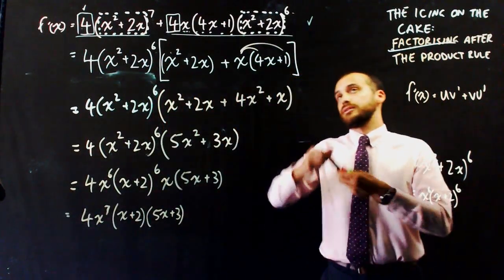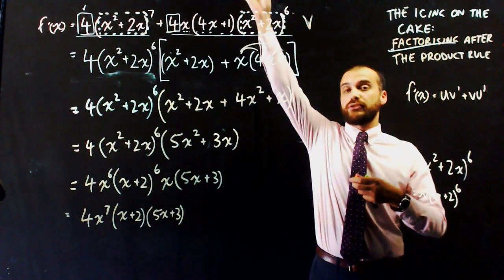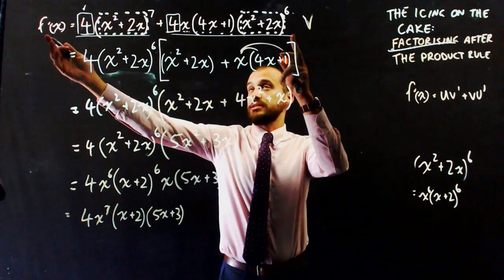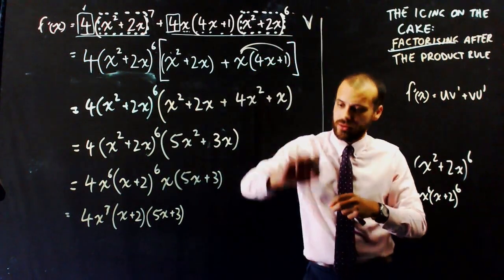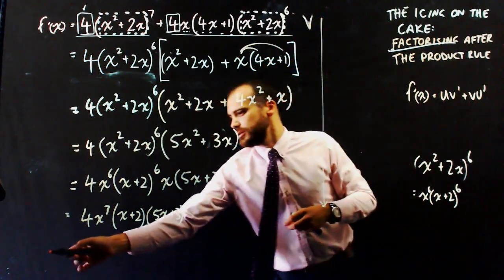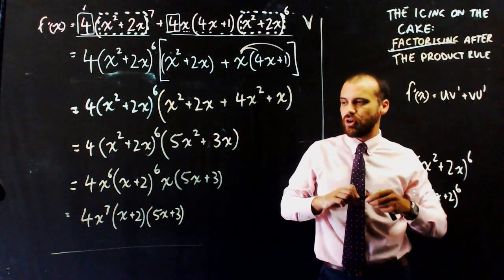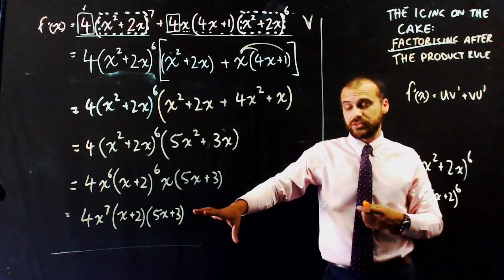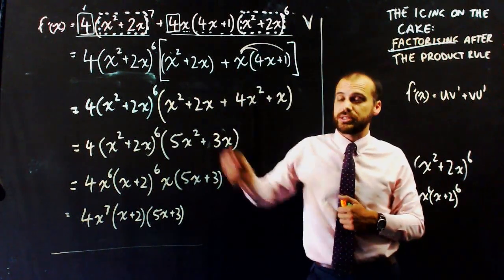So we started, well, first we differentiated something, that's way up there somewhere, and we got that as our answer, and then we factorised it to get to that as a final answer. That's probably not the most efficient way to factorise it. I wanted to step through it step by step.